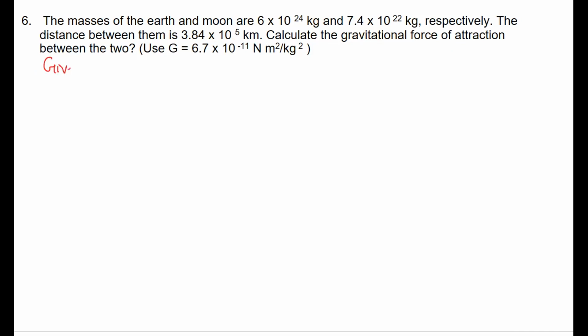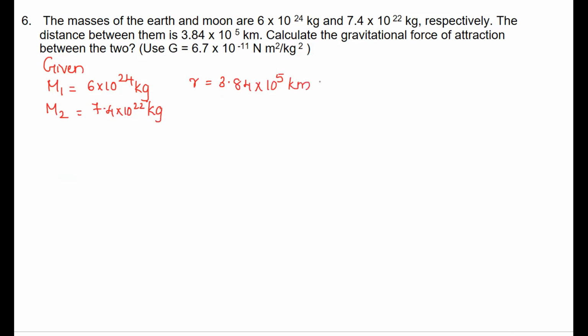So given, let the mass of Earth be m1. m1 is equal to 6 into 10 raised to 24 kg. And m2 is equal to 7.4 into 10 raised to 22 kg. Distance between them is given. r is equal to 3.84 into 10 raised to 5 kilometer.